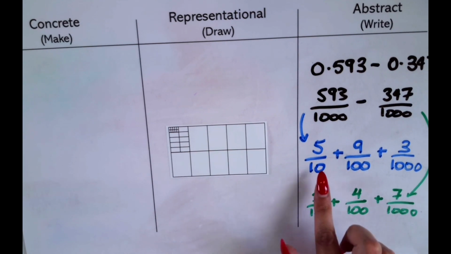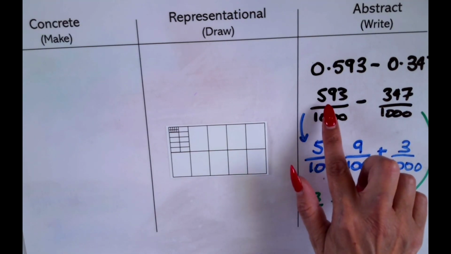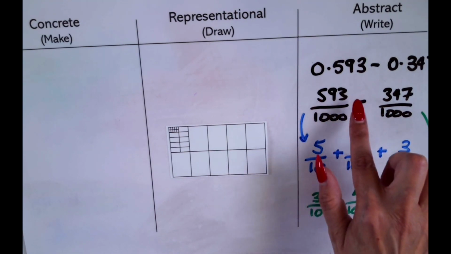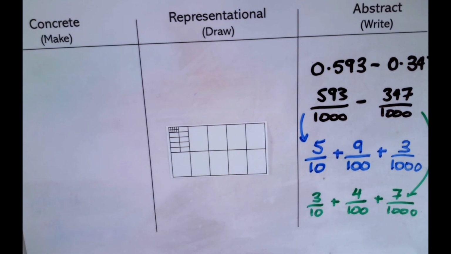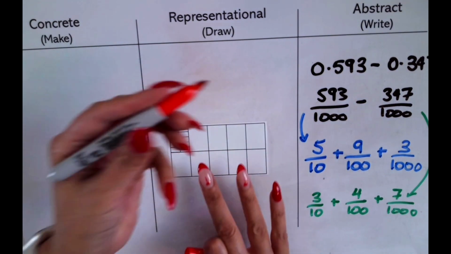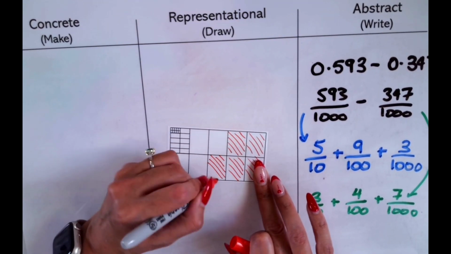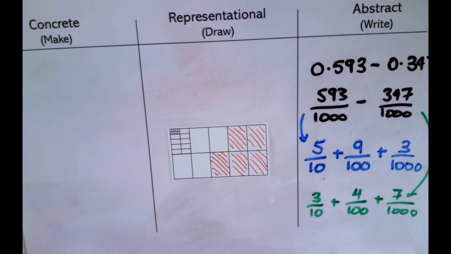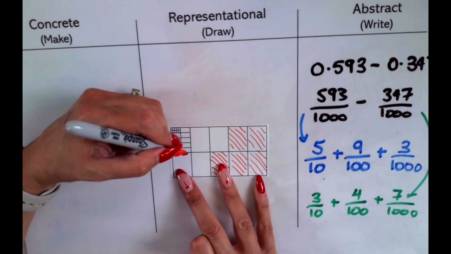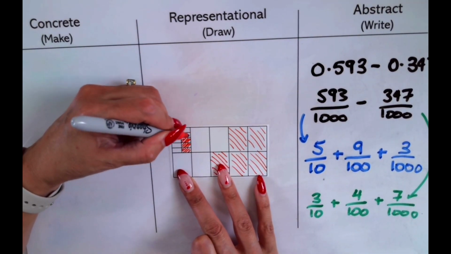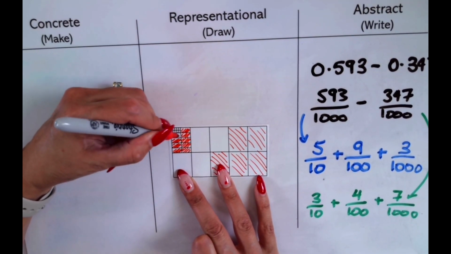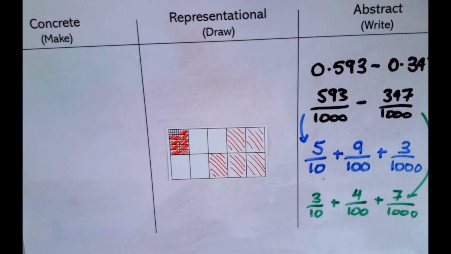I want them to start to go, okay, 593 thousandths, so 500 thousandths is the same as 5/10. So I'm going to colour in 5/10. Then I'm going to colour in 9/100. All right.